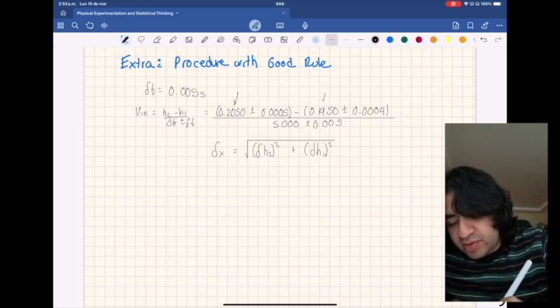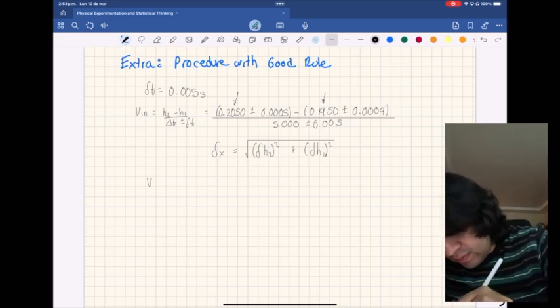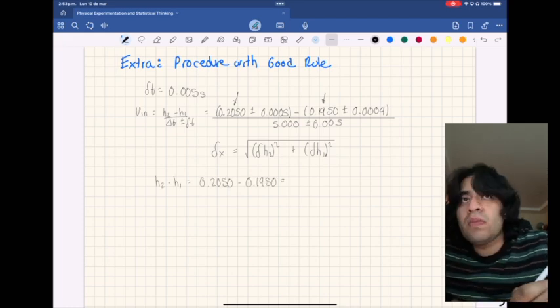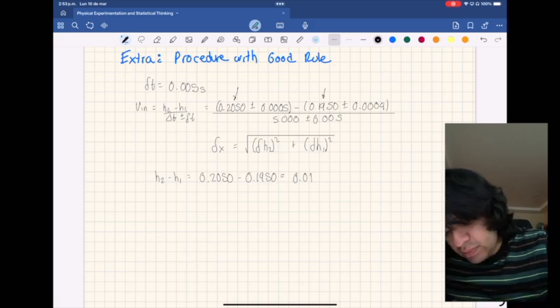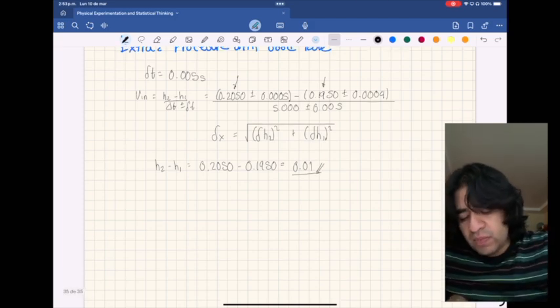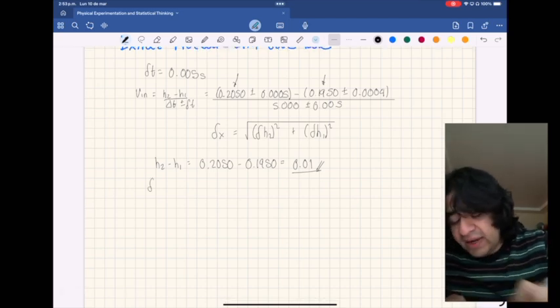Here we have a subtraction of our two main measurements. This is the same value we obtained before, and now the new value that we will obtain is the uncertainty for this quantity.